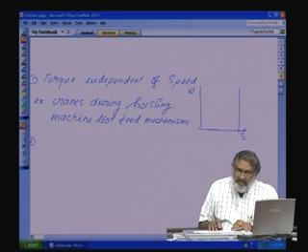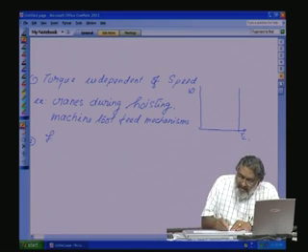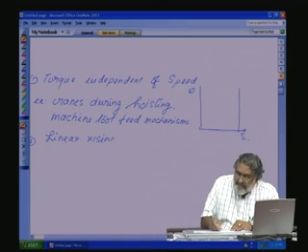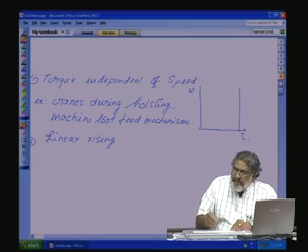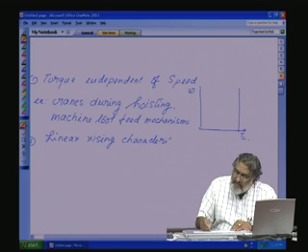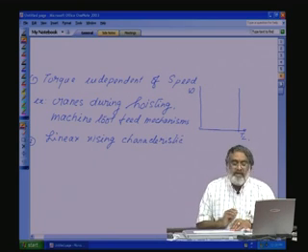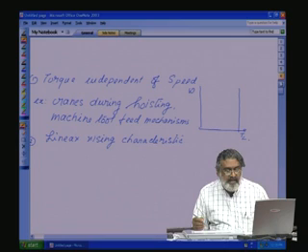Linearly rising torque speed characteristics. What do you mean by linearly rising torque speed characteristics?